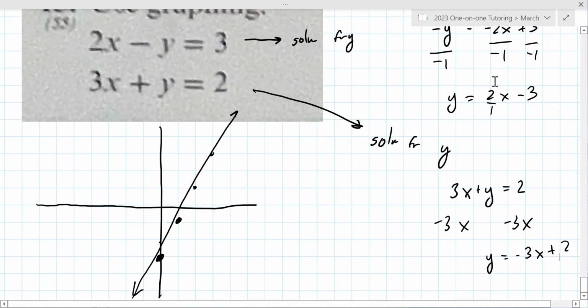They're definitely not parallel. They've got different slopes. So starting at the b value of 2, you go down 3, right 1, down 3, right 1. You can see that they intersect there at that point, 1, -1.